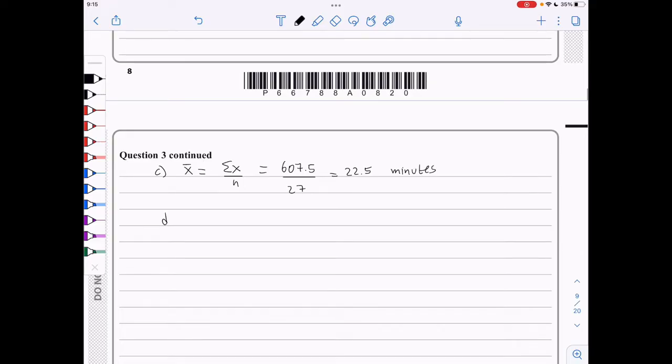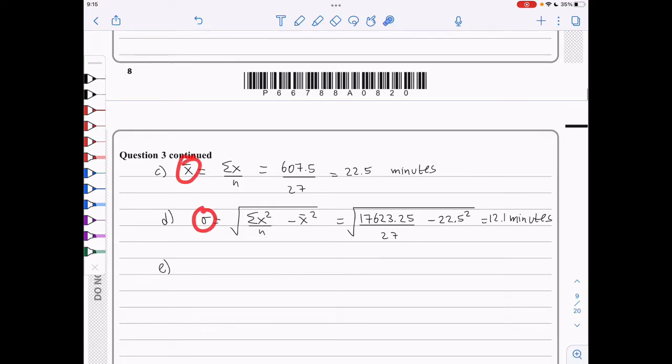And for the standard deviation, sigma, it's the square root of sigma x squared over n minus x bar squared, which will be 17,623.25 over 27 minus 22.5 squared, square root of that, and that's 12.1 minutes. It's good to include the units of measure, and we know that the mean and the standard deviation have units of measure exactly the same as the original variable that we are looking at.